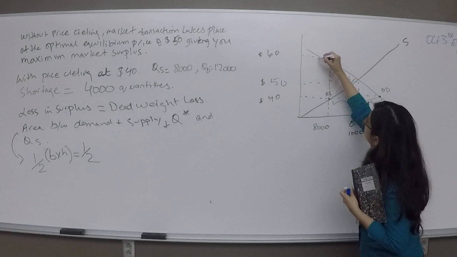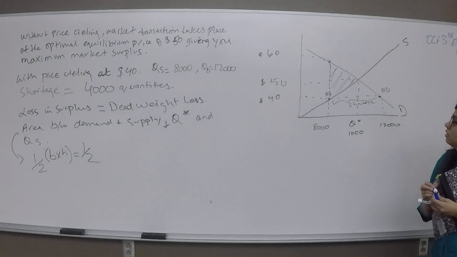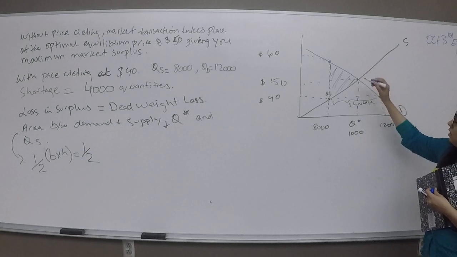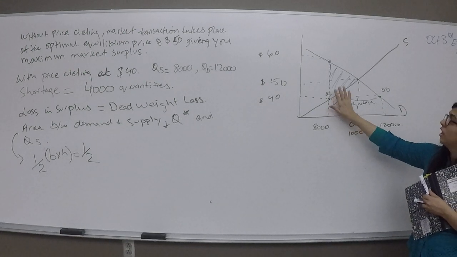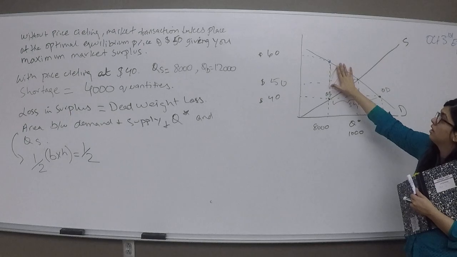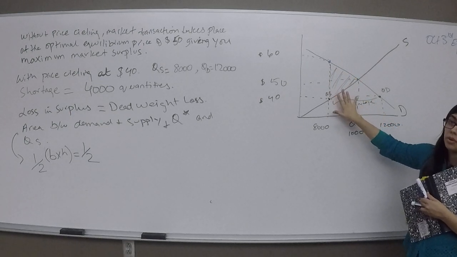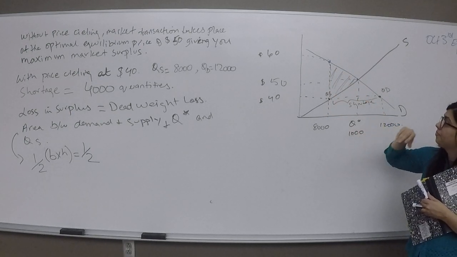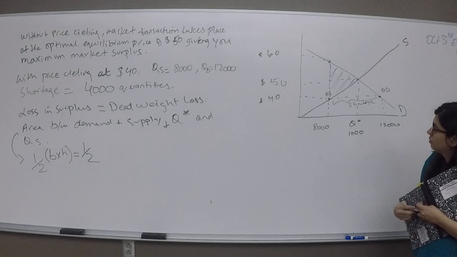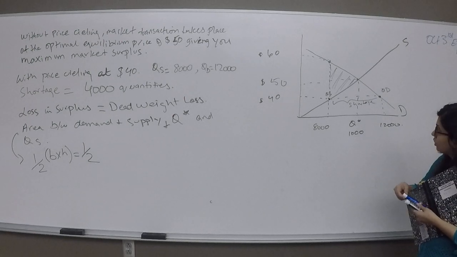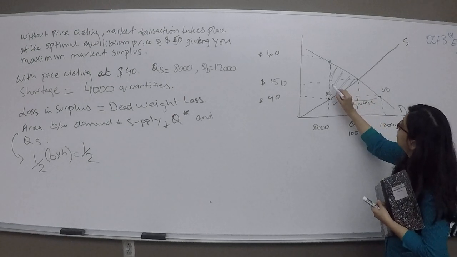So it's between the equilibrium quantity and the quantity supply? Yes, in this case. Suppliers are only supplying this much. They're missing out on this whole area of surplus, so this is the deadweight loss.